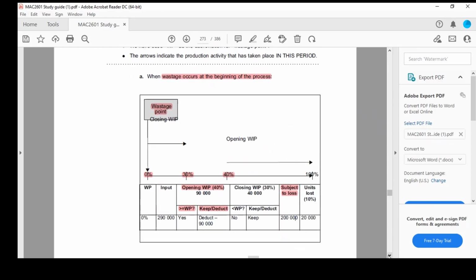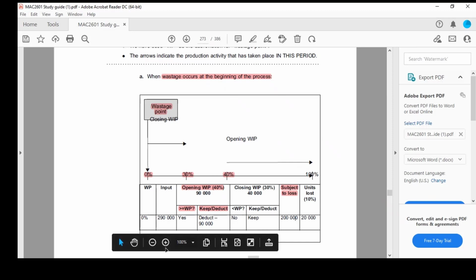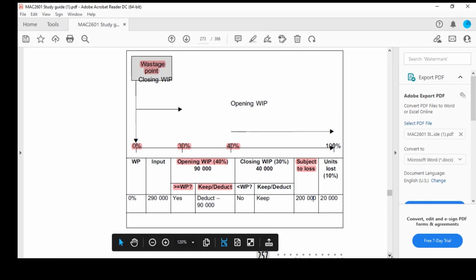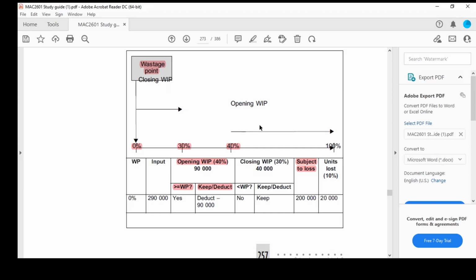This is how I understand it: if your wastage point is at the beginning of the process, and your opening WIP is past that 0%, it's at 40%, which means it would have been taken care of during last year's process or last month's process. So you do not deduct wastage from it because it's past that process.